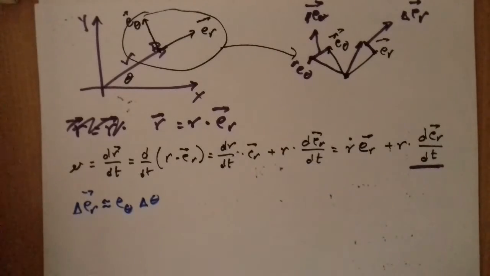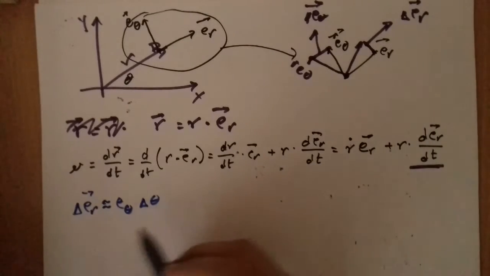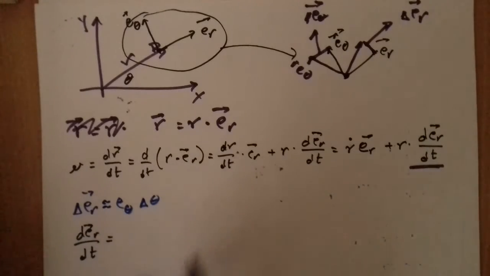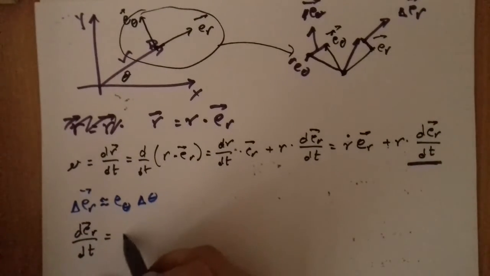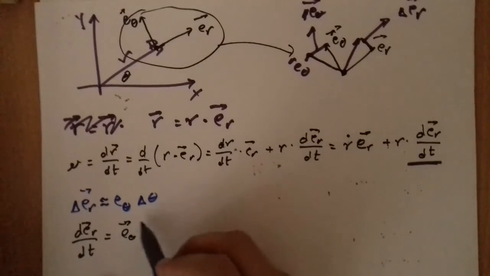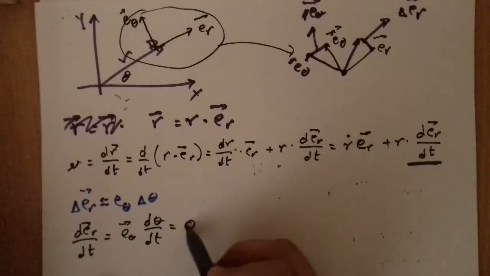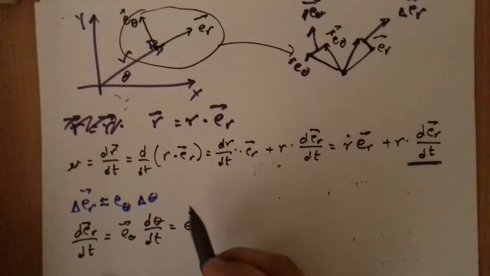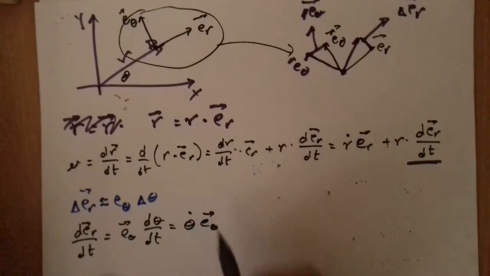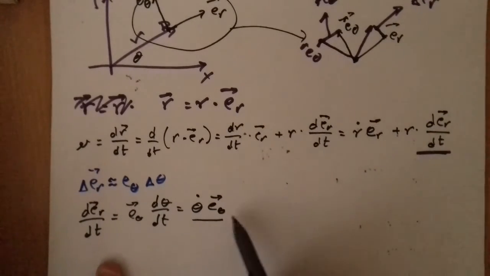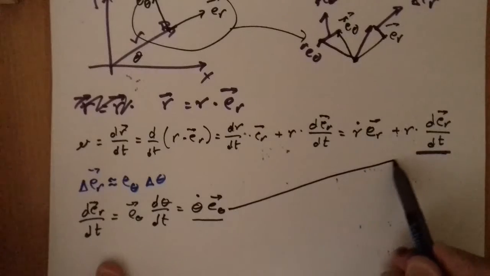And when we take the time derivative, de r by dt is e theta d theta by dt, which is theta dot, the first derivative of theta in time, in e theta direction.